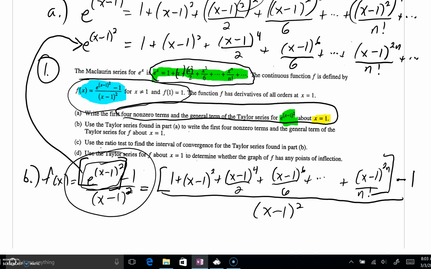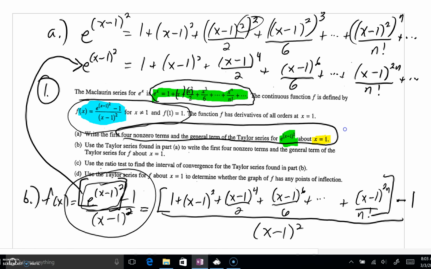And I guess what I want to point out to you very quickly is, they're asking for us to have 4 terms here. I do want to point out the next term that we would have had in part A would have been x minus 1 squared to the 4th divided by 4 factorial.